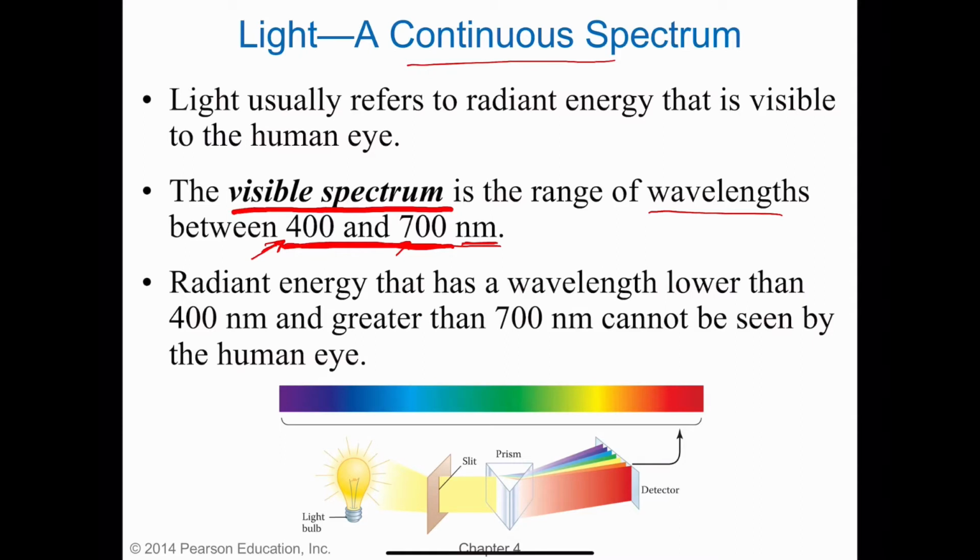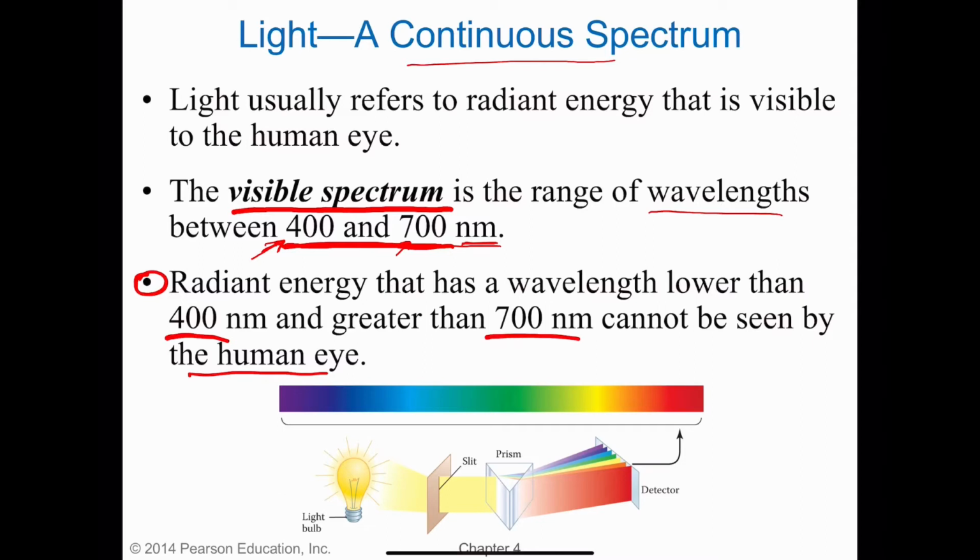Now, energy, here they're saying radiant energy lower than 400 and greater than 700 cannot be seen by the human eye. That's what we mean by the visible spectrum. So once you get outside the 400 to 700 range, you're talking about other types of wavelengths. So the infrared, microwaves, those are examples of radiation that is less energetic than red.